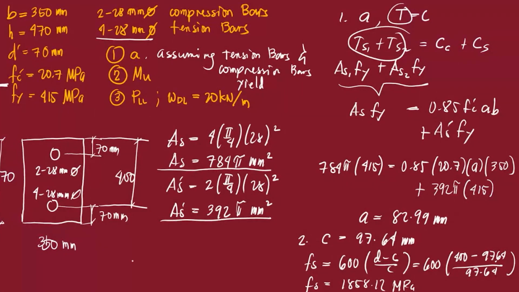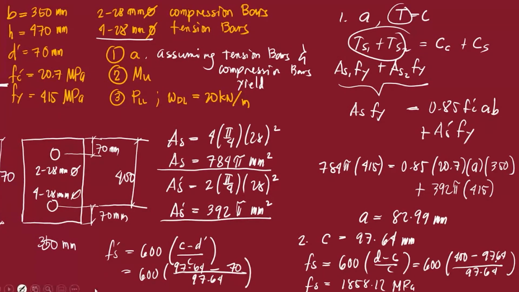You also have to check whether the steel in compression really yields. Right? How do we do that? We use Fs prime. Fs prime is equal to the same formula, 600 multiplied by, this time instead of D minus C, it is C minus D prime. That is the check for D prime. Okay? C minus D prime over C. Your Fs prime is therefore equal to 600 multiplied by your C, again 97.64, minus your D prime, which is 70, all over 97.64.